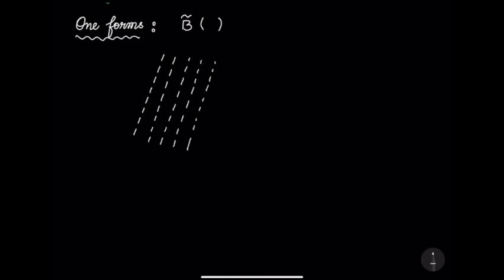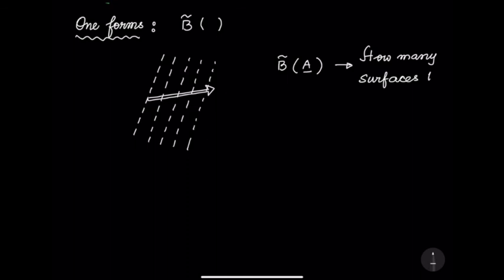What is the operation? If I put my vector in it, the operation B tilde A results in a number which is how many surfaces the vector has gone through.